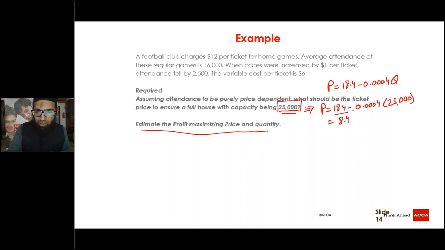That means to sell 25,000 tickets, I have to set a price of $8.4. So any question? Okay.